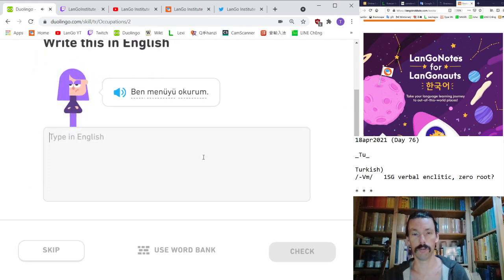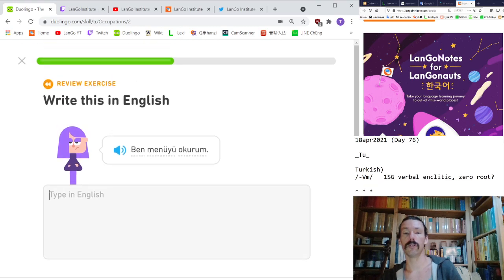Ben menüyü okurum. I request order. Okurum. Read. Okur is the inflectional stem that's shared by all the finite forms. With the first person marking. So okurum, I read. One menu, and with the accusative suffix means a single one.